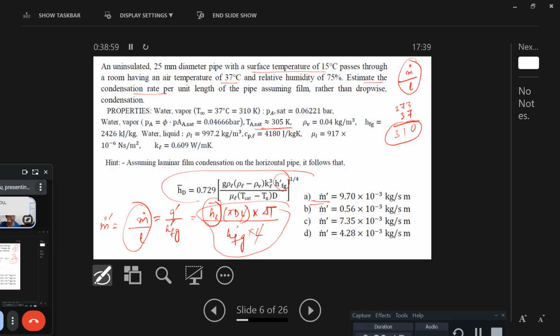No. Saturated temperature is given as this 305 Kelvin. So T sat will be 305 and TS is 15 degree, so that will be 273 plus 15, 288. So it will be 288 Kelvin.